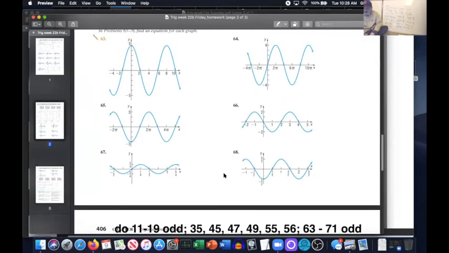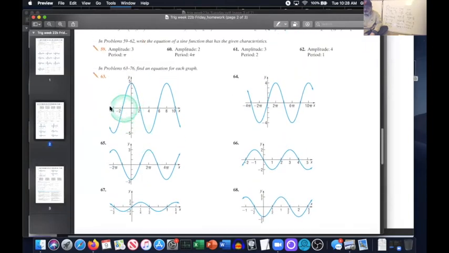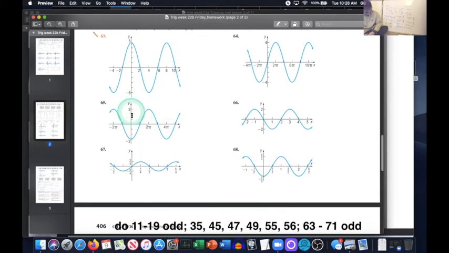So with this one, it has a center of y equals 0, so there's no vertical displacement. It's starting above the center, so this is a cosine. And the width of one cycle went from 0 to 8. Right? Next one, it's got the center y equals 0. It's starting below, so that means we're going to use a negative amplitude.